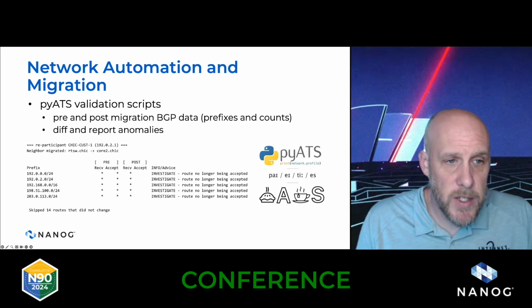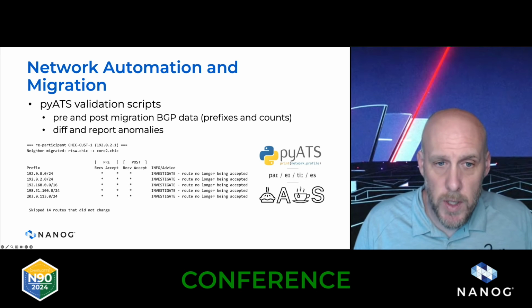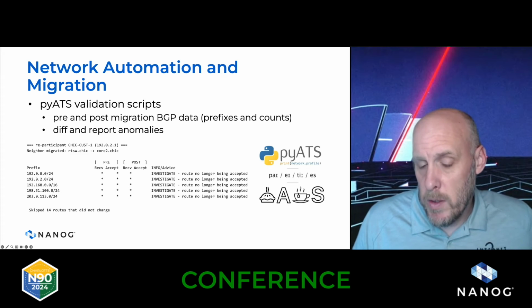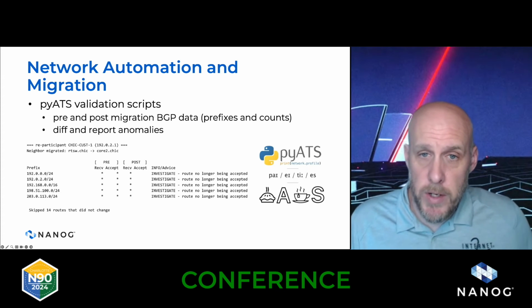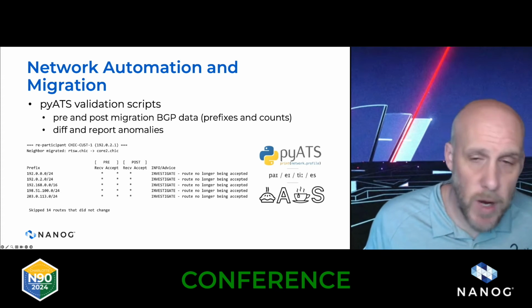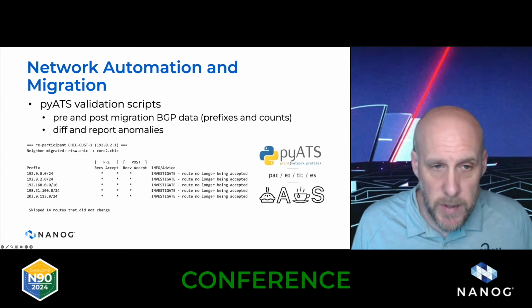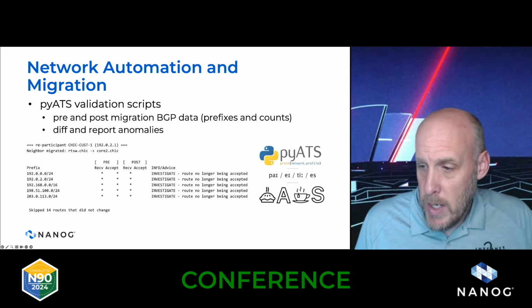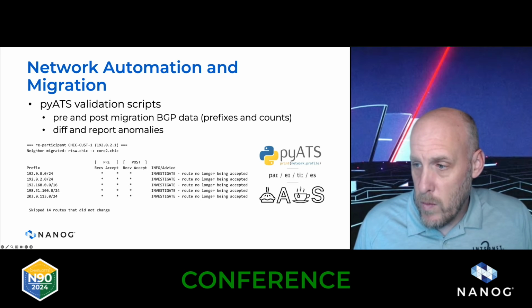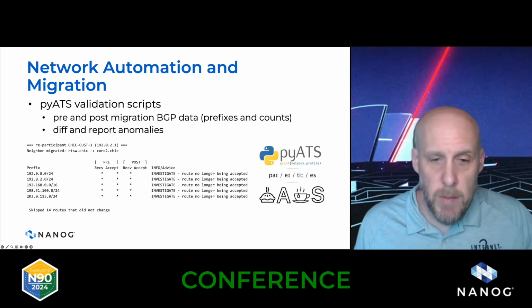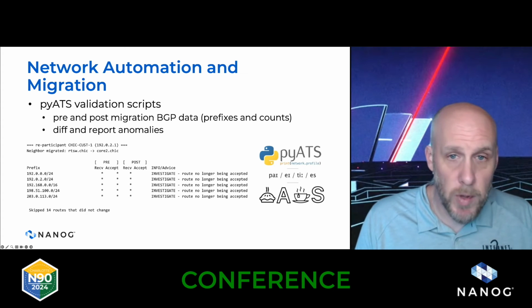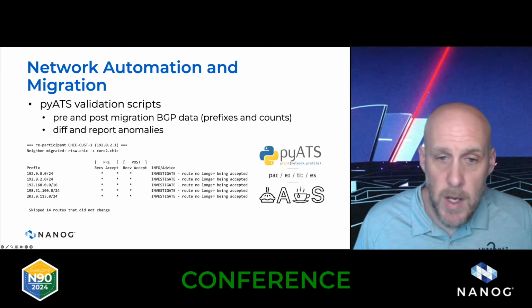The PyTS validation scripts would run on the Juniper network prior to migration and look at routes received or routes rejected. The nice thing about PyTS is that it's really good at scraping operational commands and saving that in a normalized format like JSON.